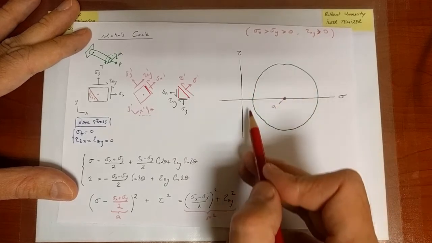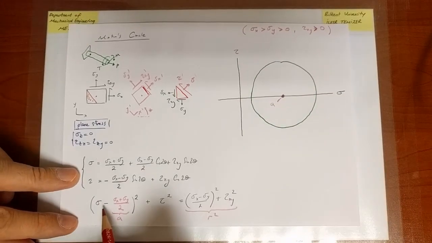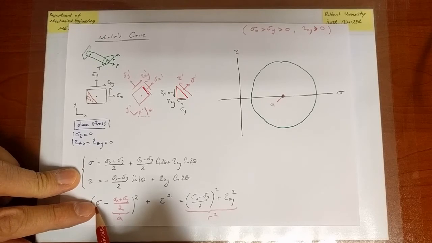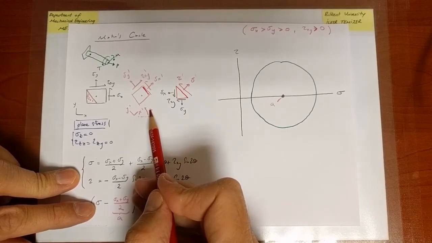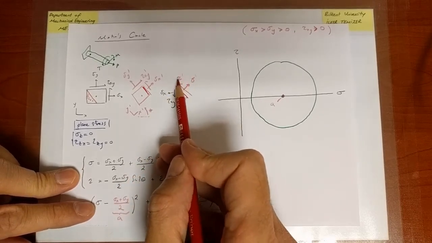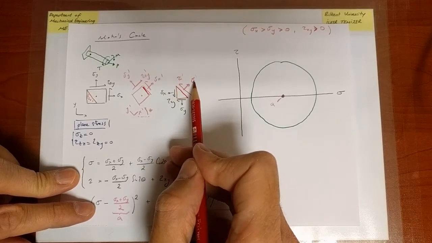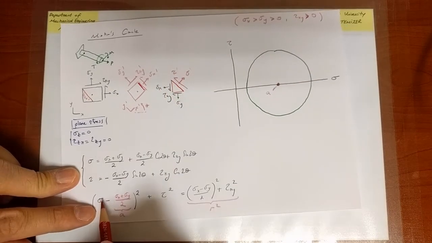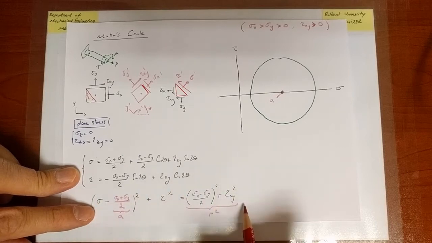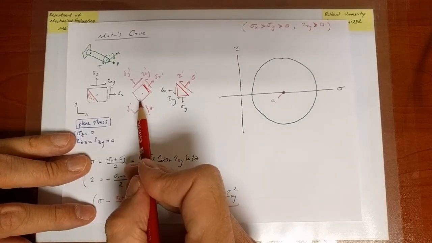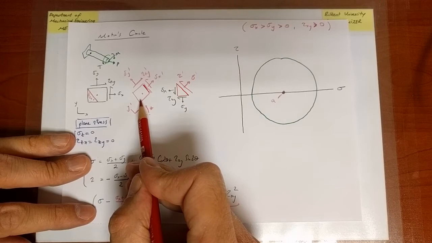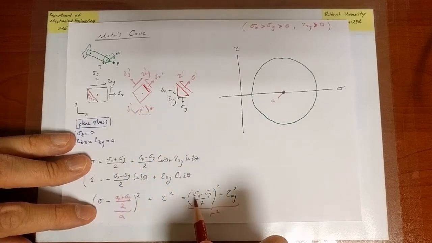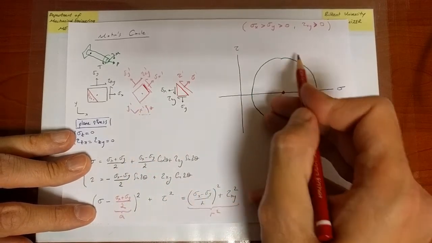What we are saying is all the possible choices of theta have associated normal and shear stresses, and those normal and shear stresses are such that they satisfy the equation of the circle. In other words, for all possible orientations of this red picture, I will have normal and shear stresses which satisfy the equation of the circle.